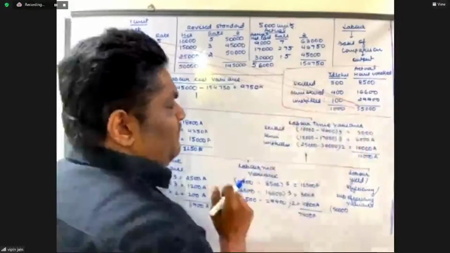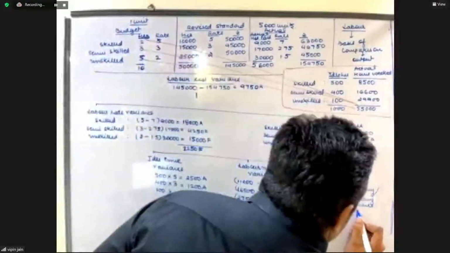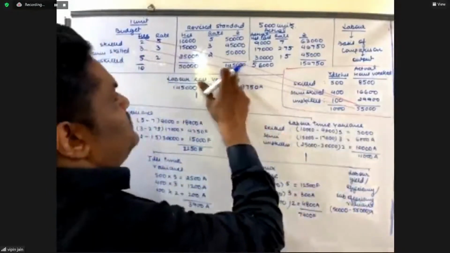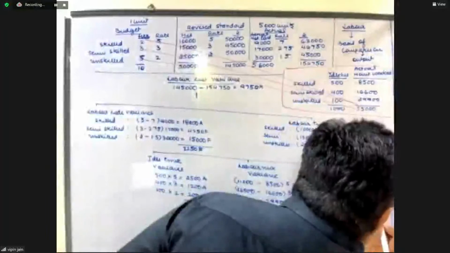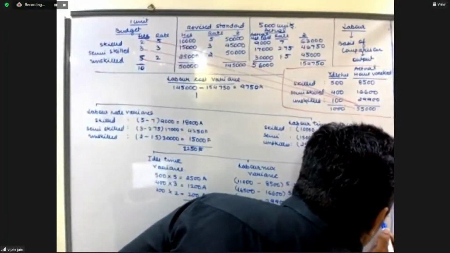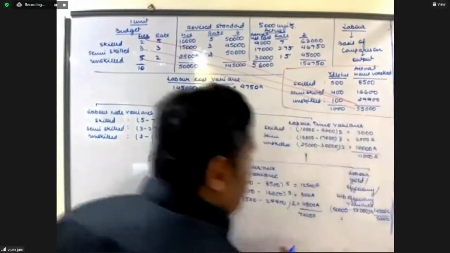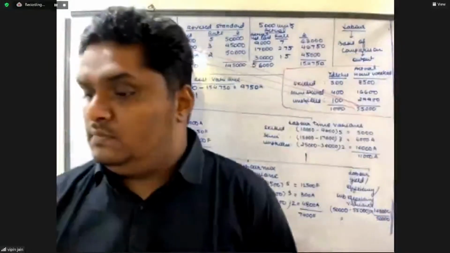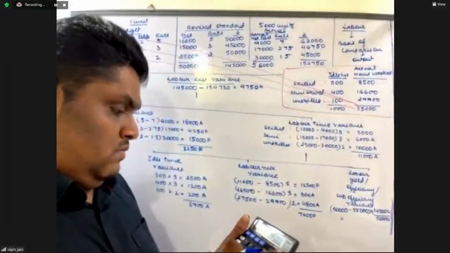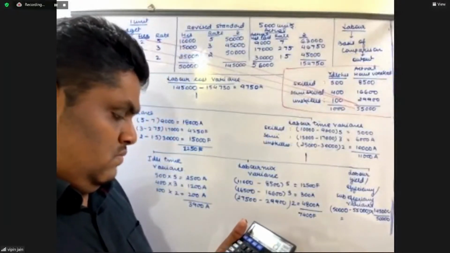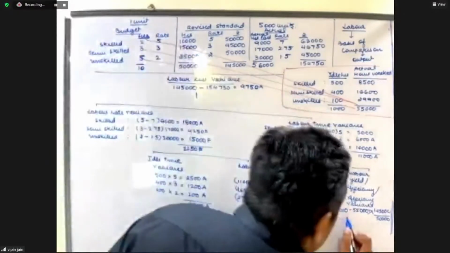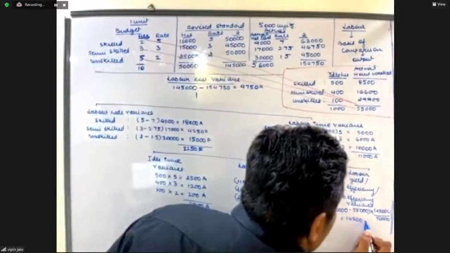We will not be considering 56,000, we'll be considering 55,000 hours into the weighted average rate, that is 145 divided by 50. So this will be 14,500 adverse.